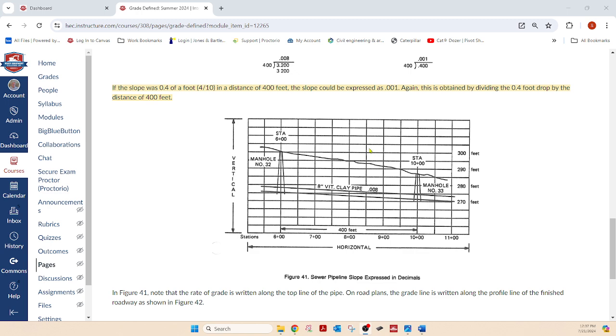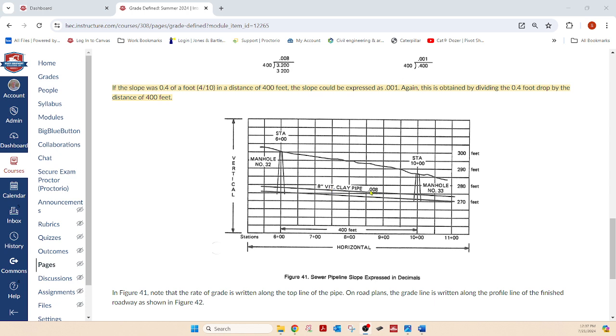Now look at this down here. I know I'm skipping a little bit, but there is a pipe in here, and it's hard to distinguish it from the rest of the grid, but you can see the top of the pipe here and the bottom of the pipe here. What's important about this, we already know it's an 8-inch pipe. I don't think they use that stuff anymore, but that's okay. They still calculate the same way.